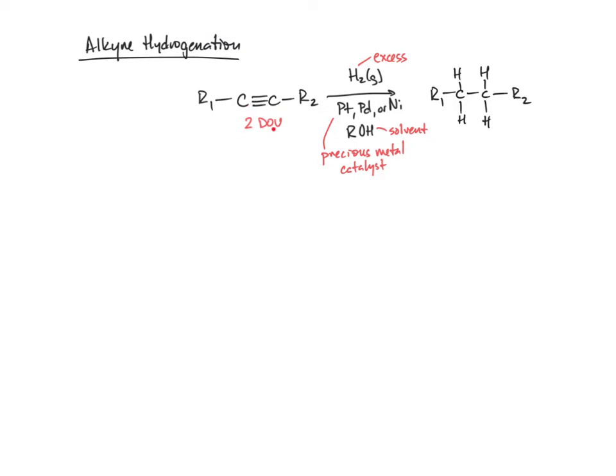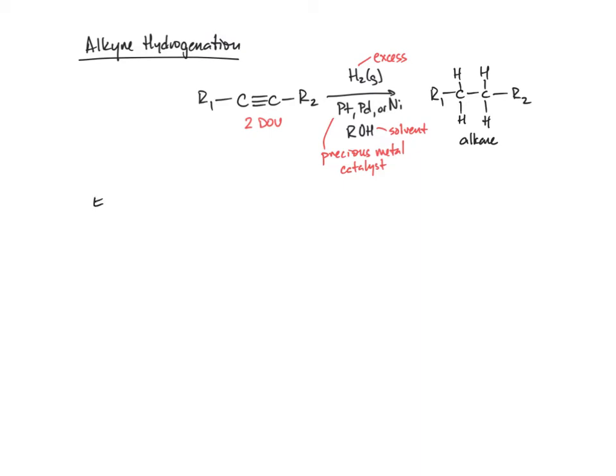So we have 2 degrees of unsaturation. We have excess hydrogen gas. We're adding 1 equivalent of H2 and then a second equivalent. And now we're fully reducing that triple bond down to the sigma bond. So this is going to end up as the alkane functional group. And now you notice we have no degrees of unsaturation left amongst that initial triple bond.